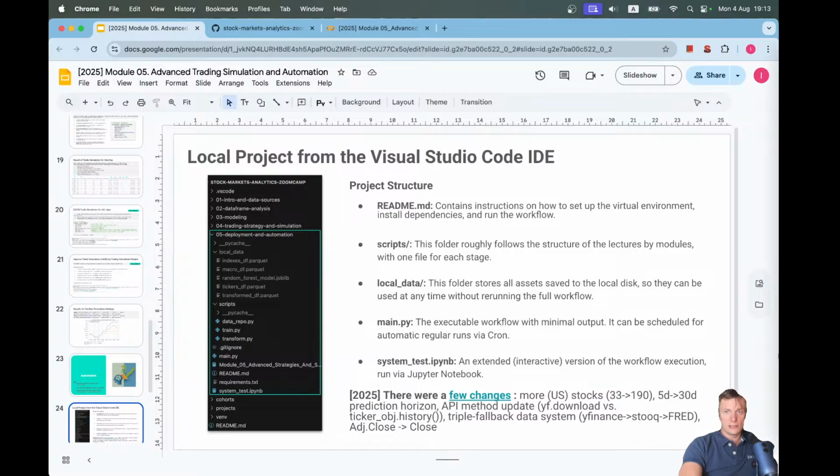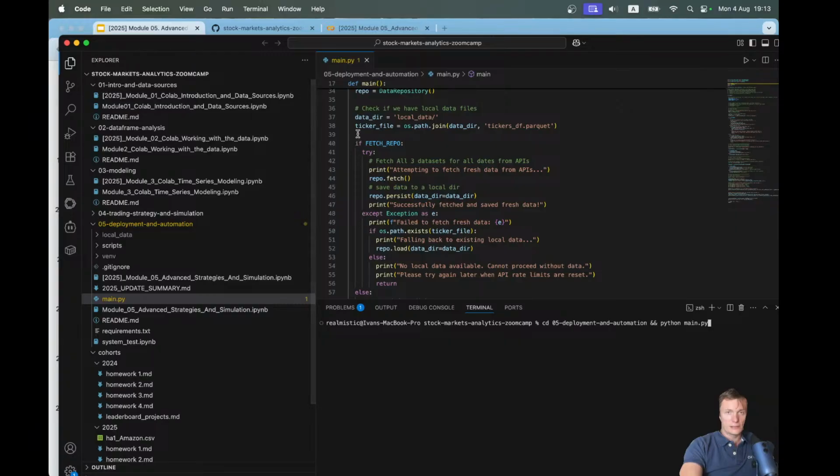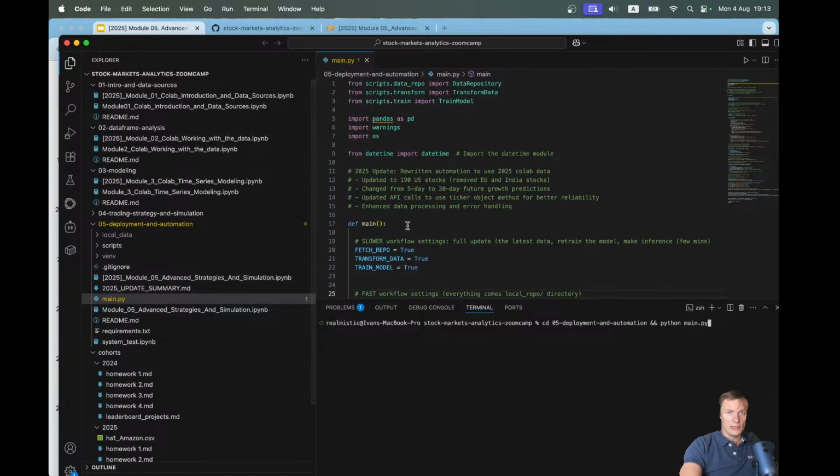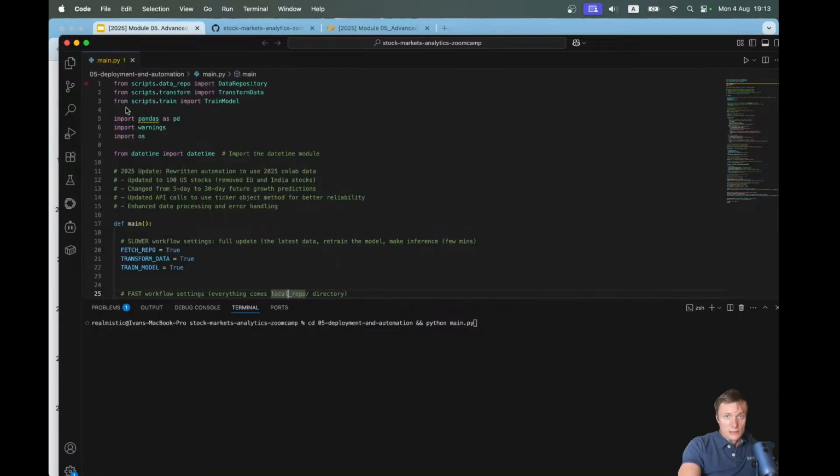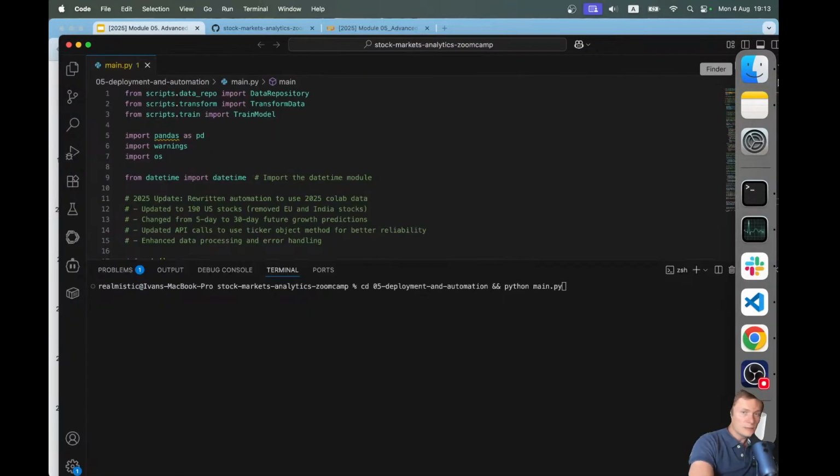And that's what you can see in VS Code. That's main.py. I make it slightly bigger.